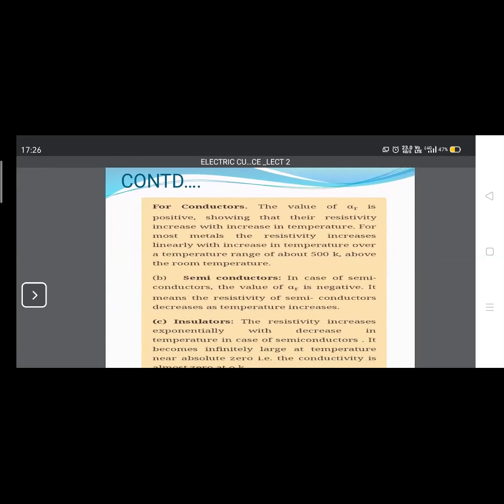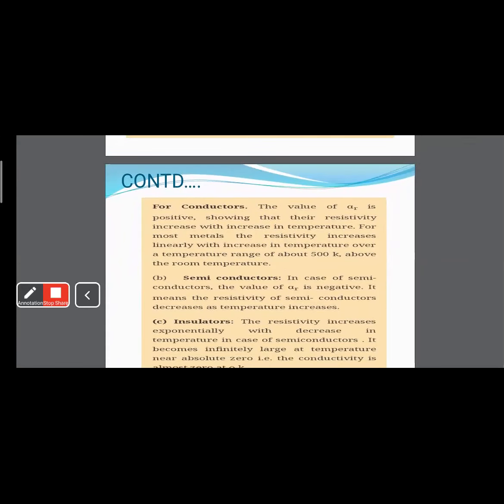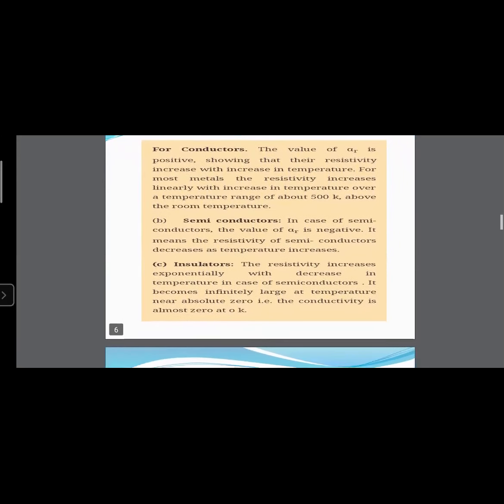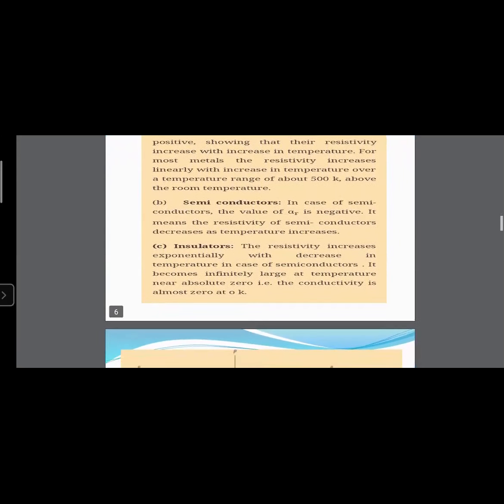For a conductor, the value of alpha is the temperature coefficient of resistivity, as we have discussed in the first video. Clear? So alpha is positive, showing that resistivity increases with increased temperature for a conductor. For most metals, the resistivity increases linearly with increase in temperature over a temperature range of about 500 Kelvin.